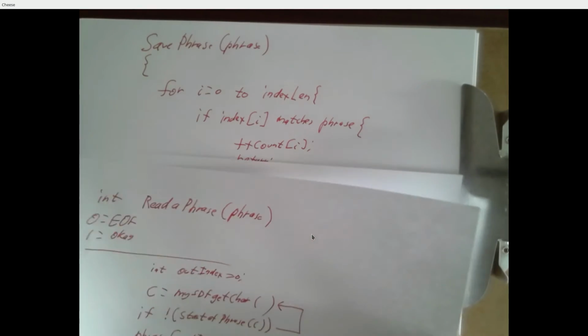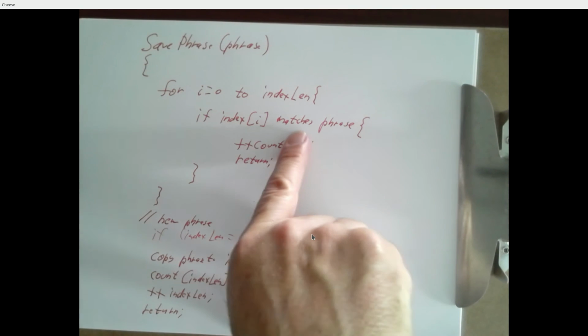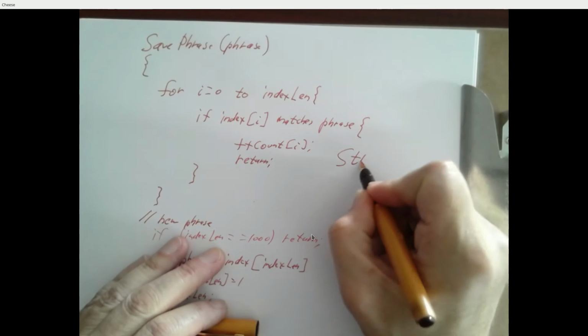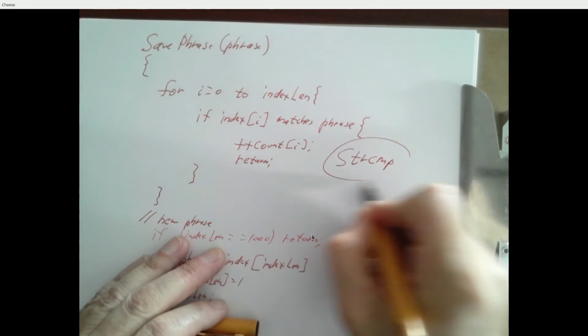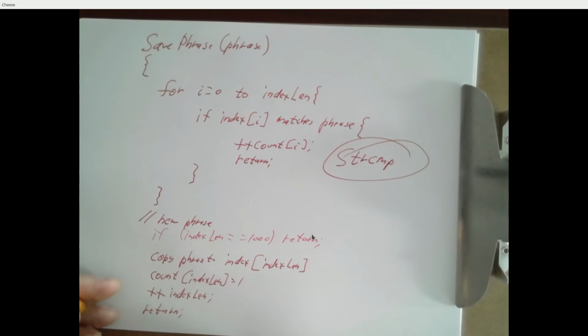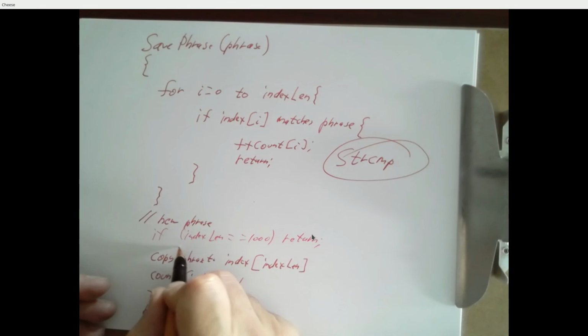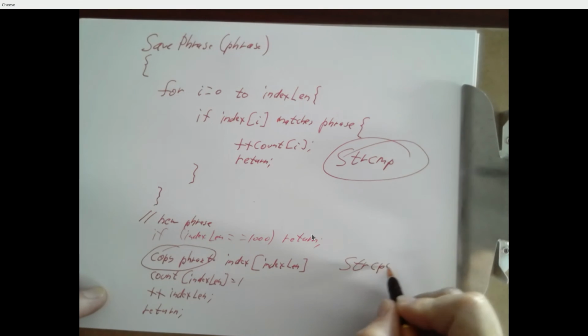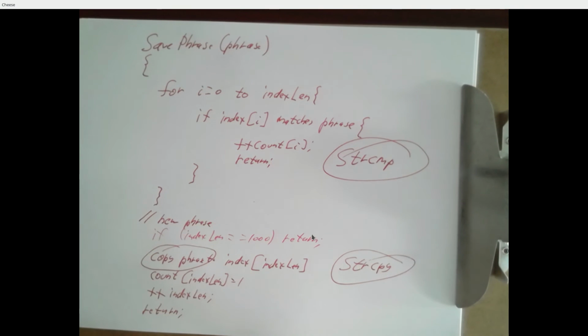Okay, so if you start coding this, seeing if something matches a phrase, you want to use string compare. Don't use double equal, because double equal doesn't tell you if two strings are the same. Use string compare, look at the man page for it. And if you want to copy a phrase from one place to another, use string copy. Don't use equals, because equals just copies pointers.